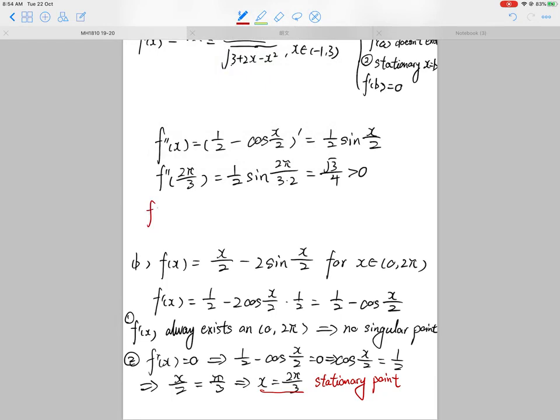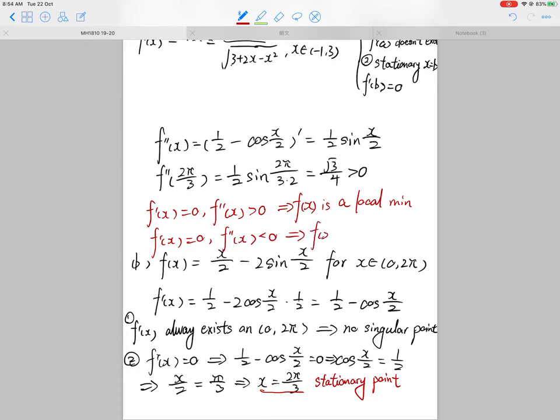If the first order derivative is 0 and the second order derivative is smaller than 0, then f is a local maximum.